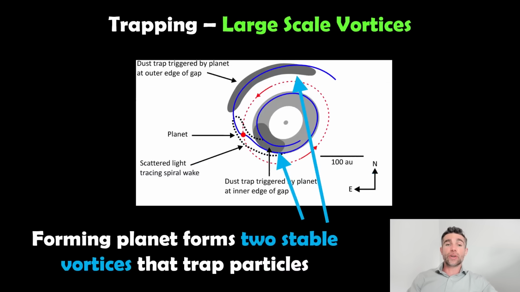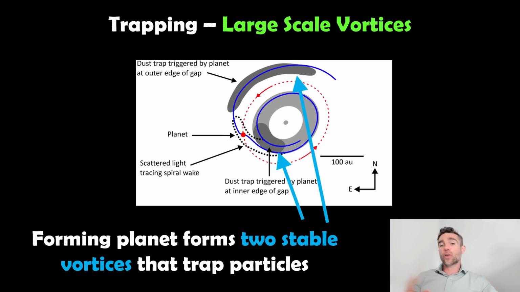So smaller ones is what we're interested in for these small ones. And this is just an example of the larger scale ones. Instead of the turbulent flow, if we've got a planet already in the disk, it can actually distort the disk itself, and it can create these large scale stable vortexes. So the planet is the red circle there.